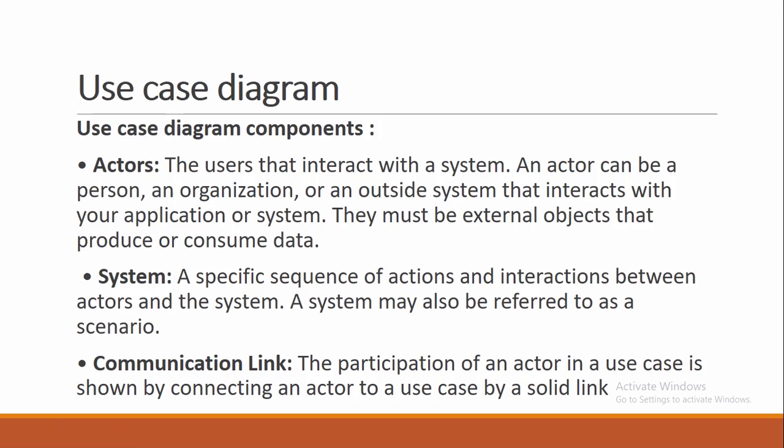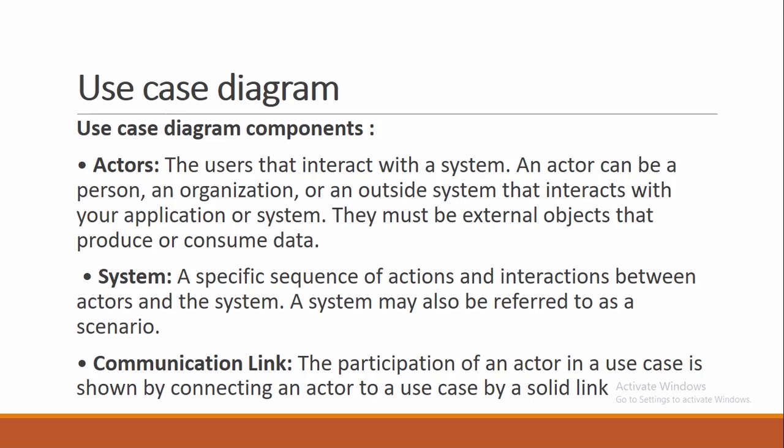So what is a use case? Now we know what an actor, system and communication link are. The communication link is basically used for connecting the actors and the use cases. A use case is what functions the system is going to provide, the different functions the system is providing.